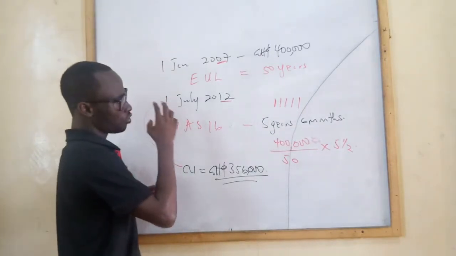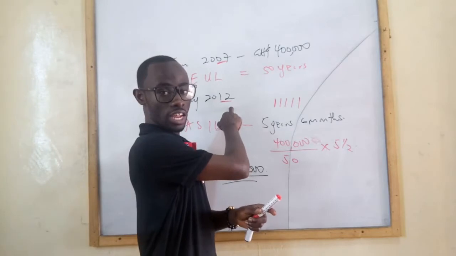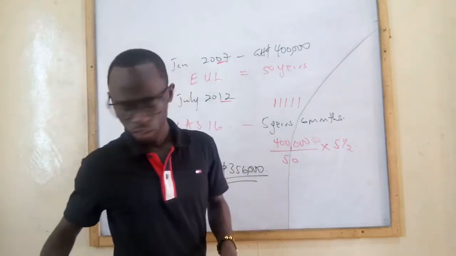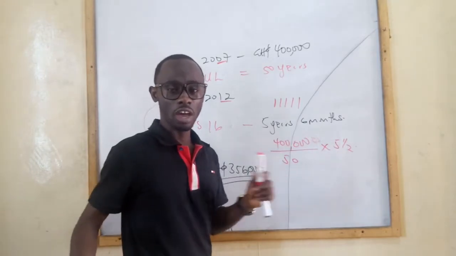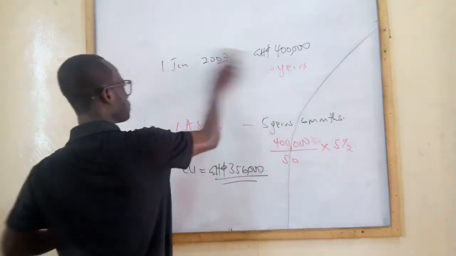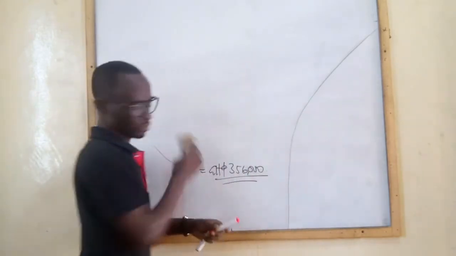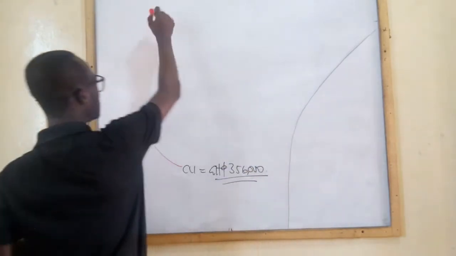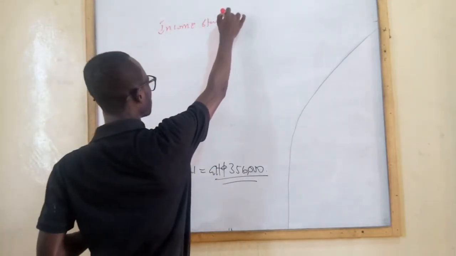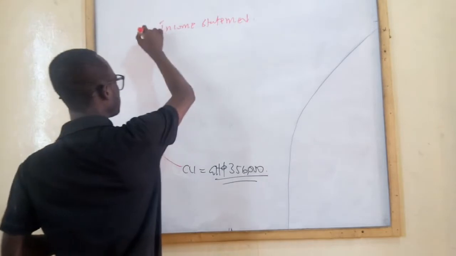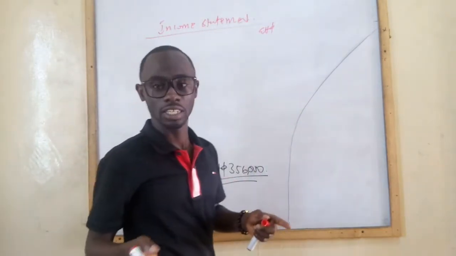For the year ended July 2012, that is where the examiner is taking us from. Because in 2012 the asset was used for 6 months, we have to ask what the 6 months' depreciation is. So let me do my income statement, and you know this is an extract. Let me draw in my currency symbol.